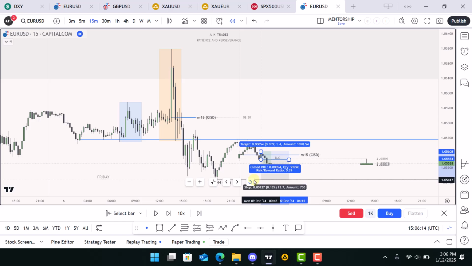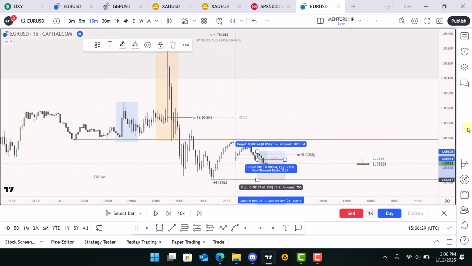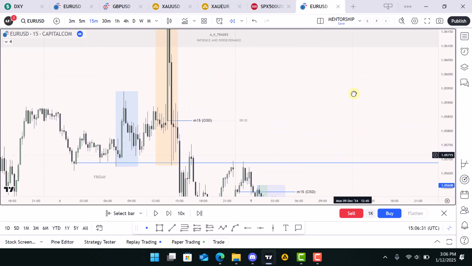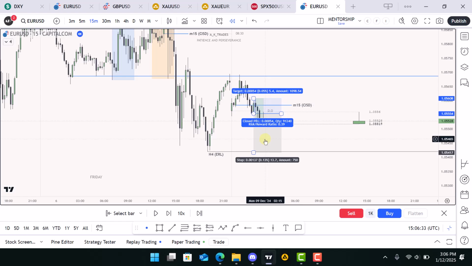Now in this case, our RR will be 0.39, which is not ideal. But what I want us to notice here is that this is fractal, and this one should be more than 0.39.